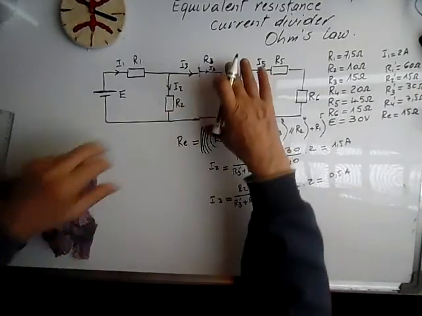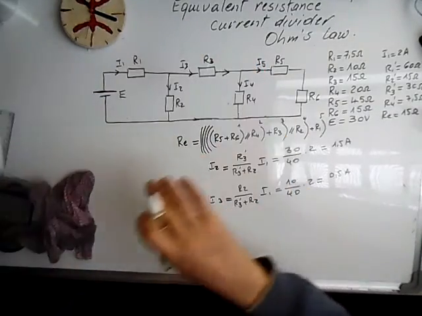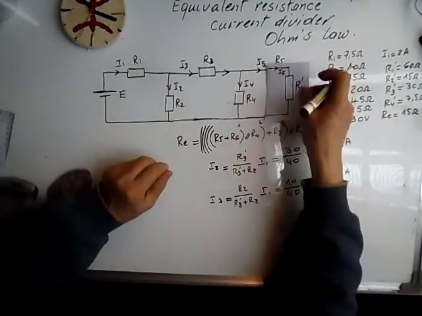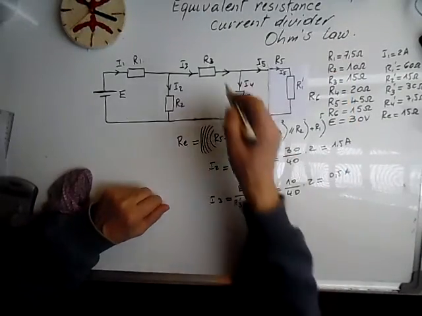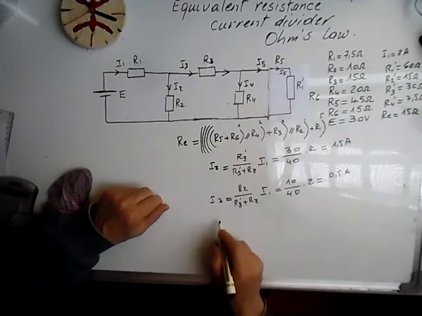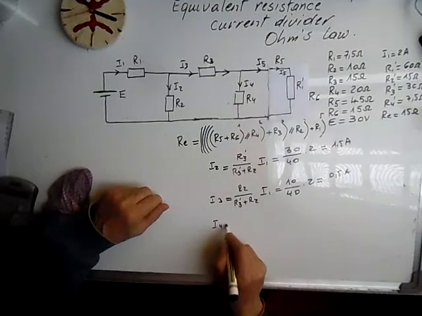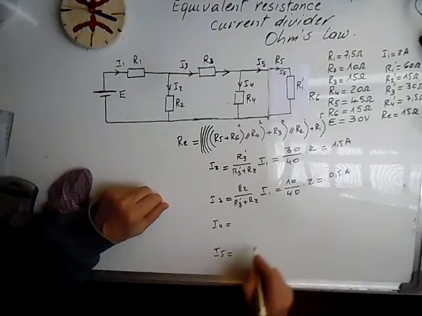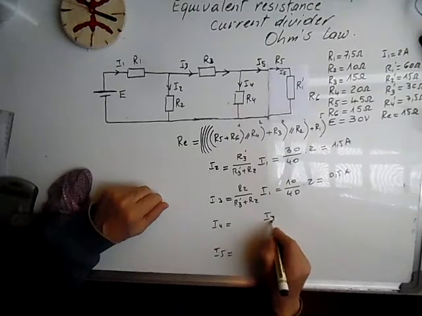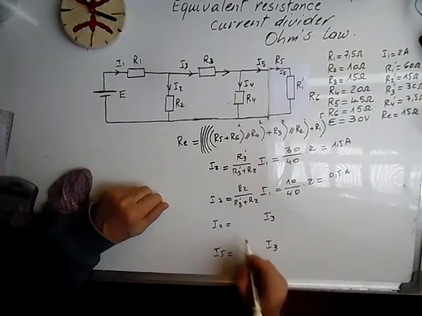Now we can calculate the current that flows here, I5 and I4, using the current divider in function of I3.